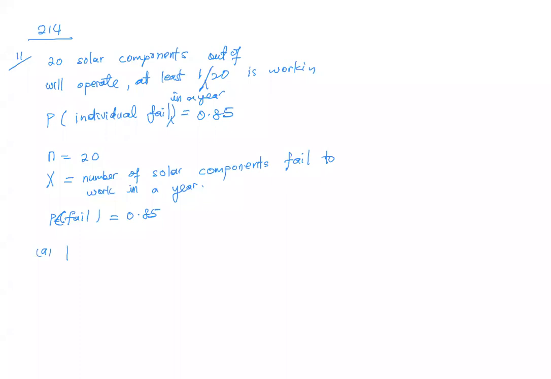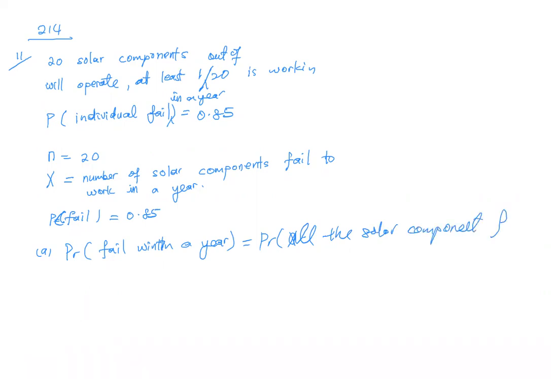Okay, fail within a year means all the solar panel fail. Okay, all the solar components fail. Okay, so that means probability of x equal to 20.